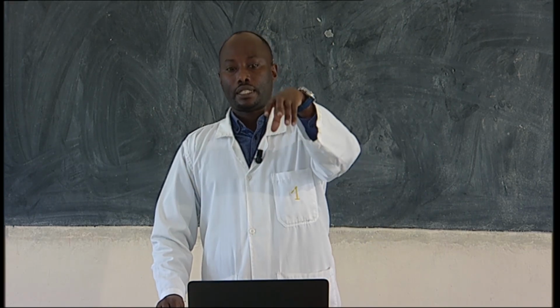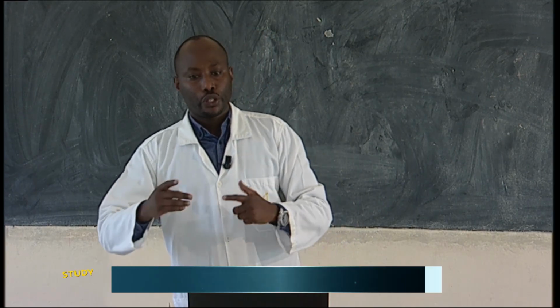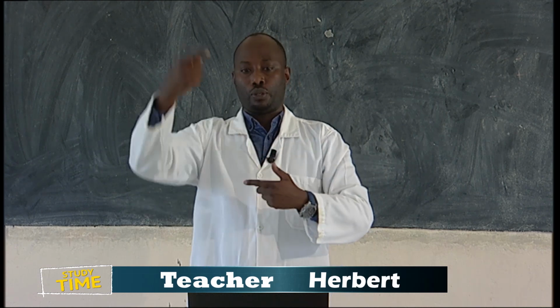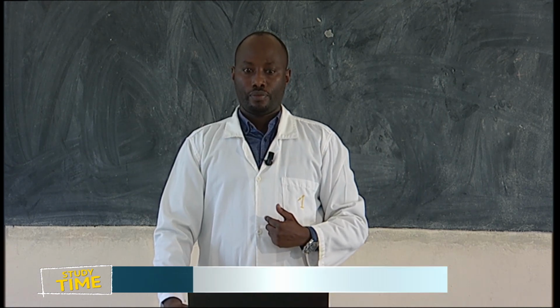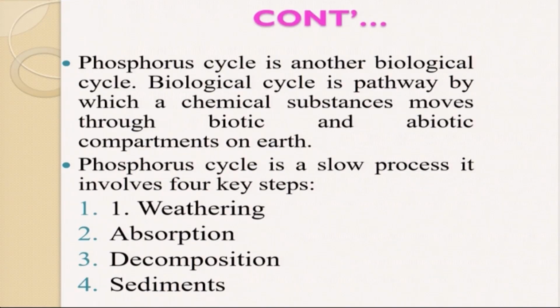We have the third step, called decomposition. Decomposition involves how phosphorus is released back. Think about how decomposition happens. Most decomposition is carried out by bacteria, which are very important in causing substances to decompose.